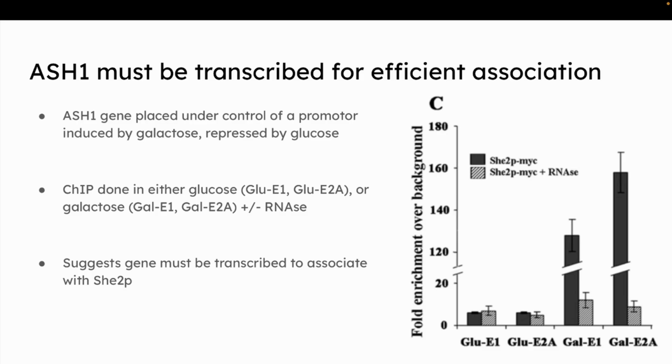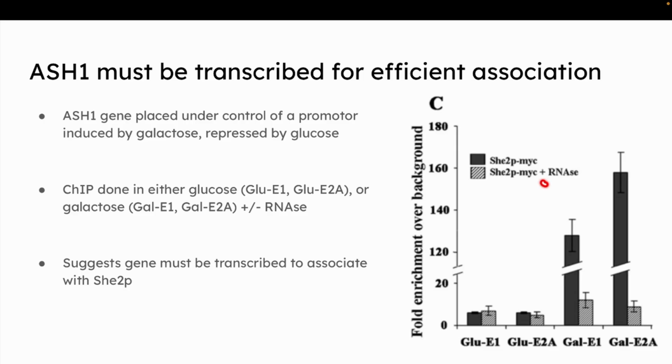And what they found was, and they did the same chromatin immunoprecipitation when you add either glucose or galactose. And glucose should obviously repress, galactose should obviously transcribe, right? And we see that there is very similar binding when adding glucose. So if you repress transcription, you see very similar binding, which makes sense, right?